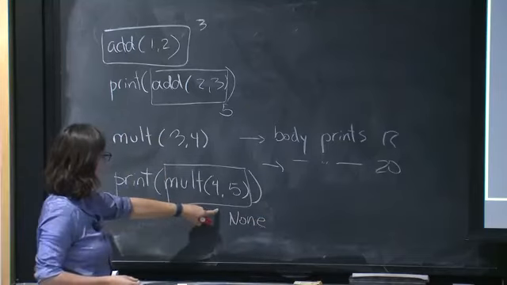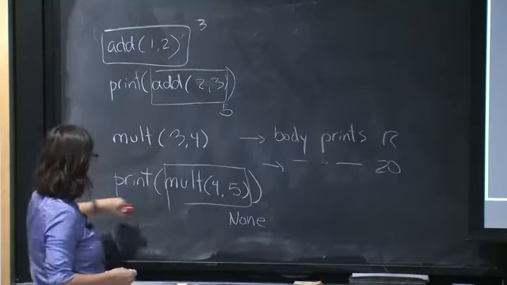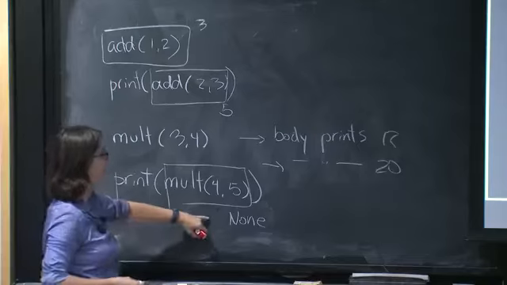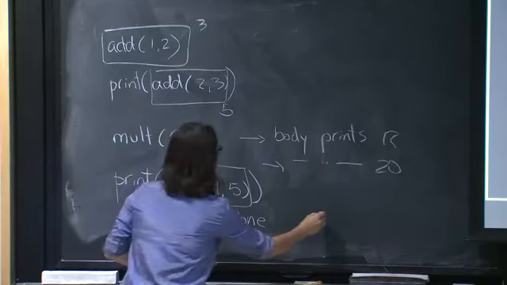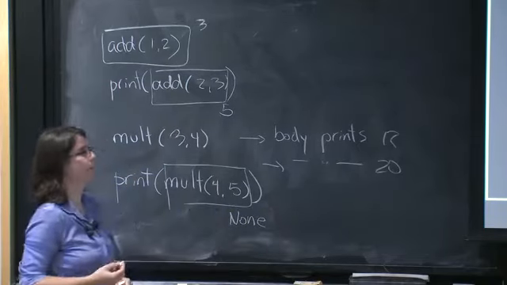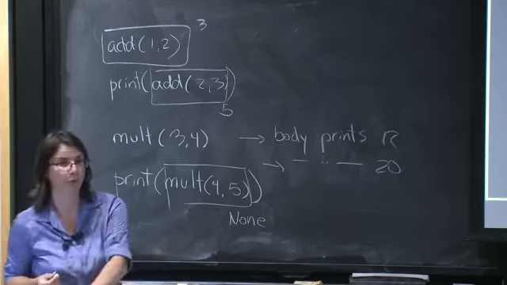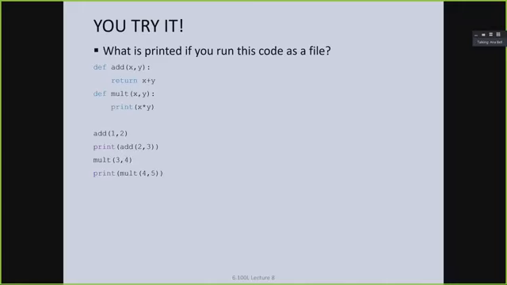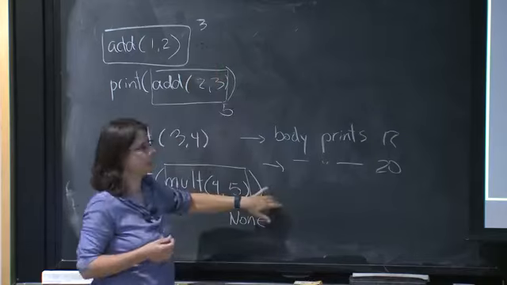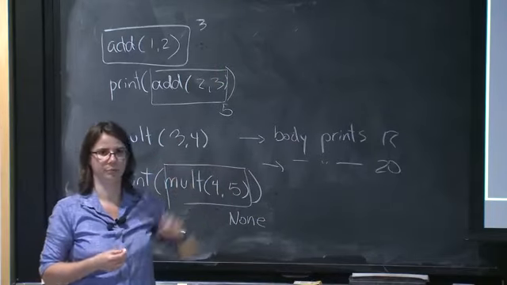So this entire function call basically is replaced with none, and the line then becomes print none. So this will print the none to the screen. So there's actually four printouts generated from these 4 lines, right? The first one generates nothing, but the last one generates 2 lines of printouts.